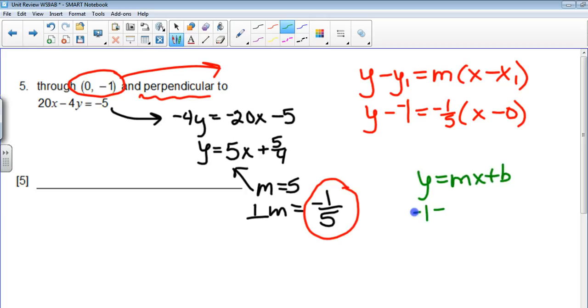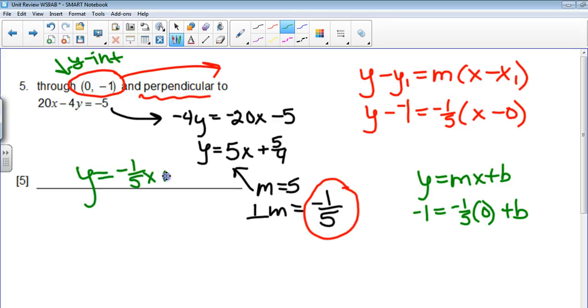So we could have put the -1/5 in, and the 0 from the ordered pair, and found b. Did anybody realize right away what the answer was? Yeah, this was just given, wasn't it? Isn't it 0, -1? Did somebody recognize right away that this is the intercept? Okay, so if that's b, and our new slope is negative 1/5, our equation should just be negative 1/5 x plus negative 1, or minus 1.